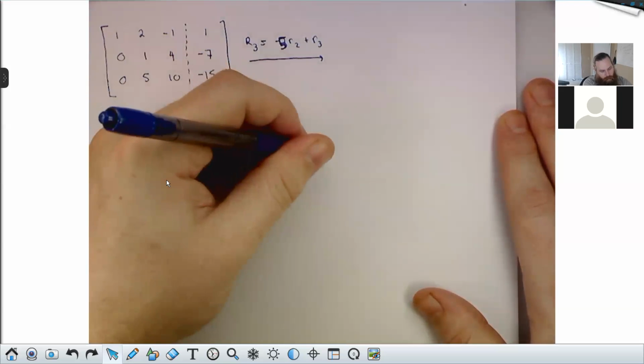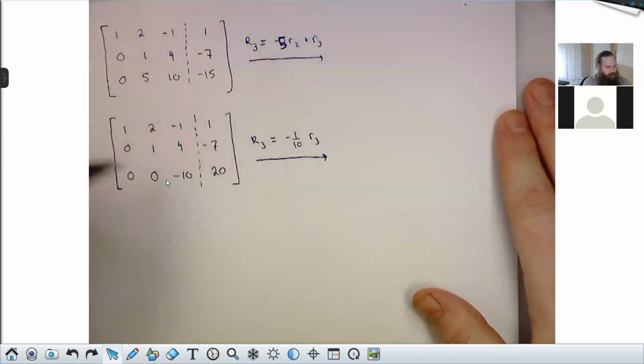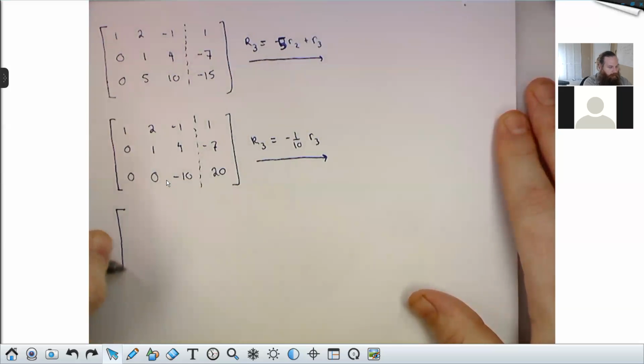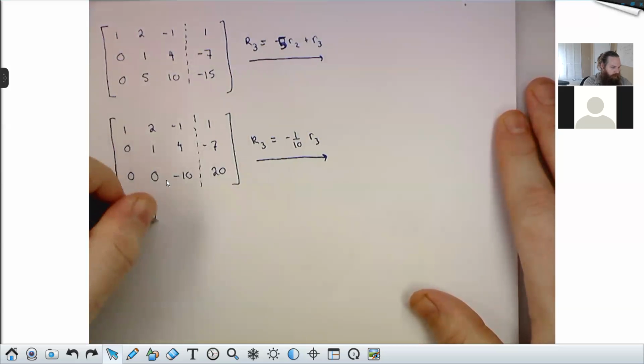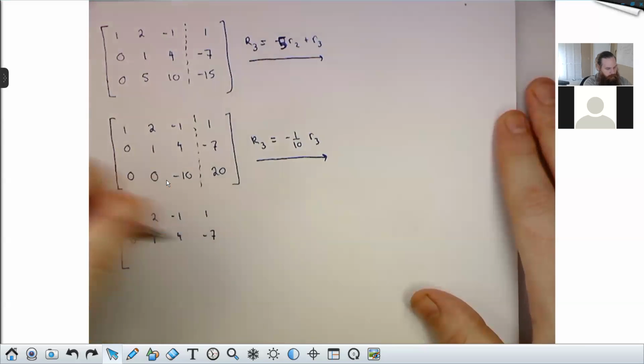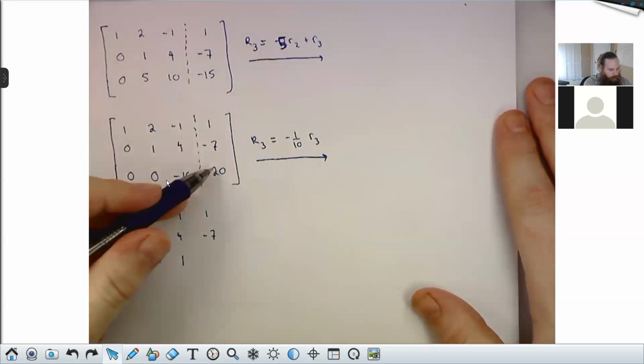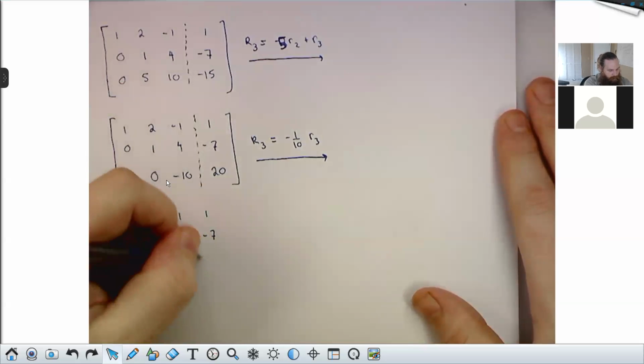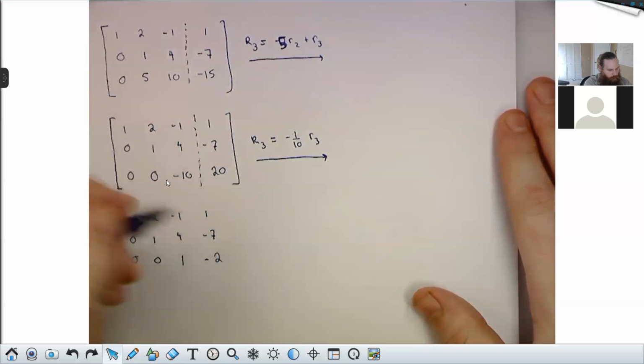That'll give me a 1 in that 3,3 position here. Rows 1 and 2 don't change. 10 divided by -10 is 1. 20 divided by -10 is -2.